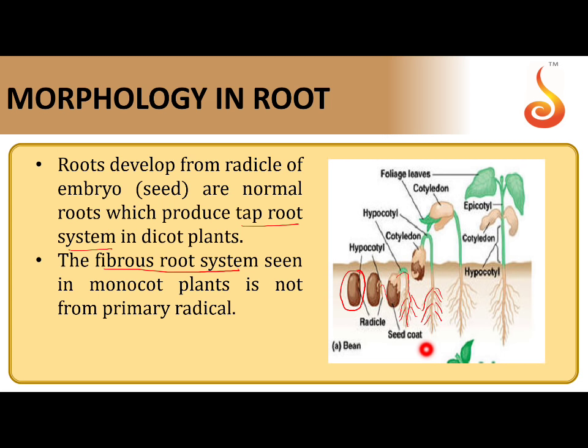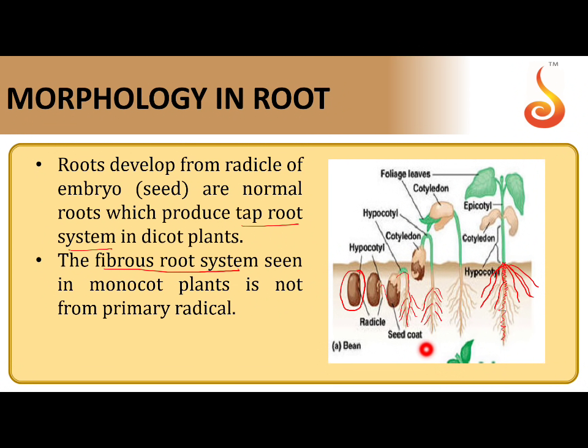These roots gradually grow deeper and deeper, forming secondary and tertiary root. But assume in the process this primary root dies, the radicle itself dies. What happens? At that time, all the root starts developing from the base of the stem.